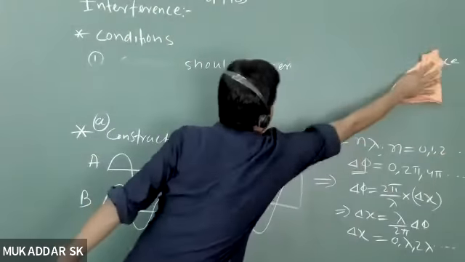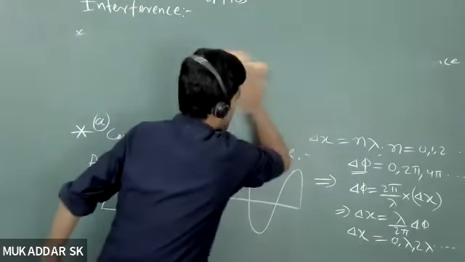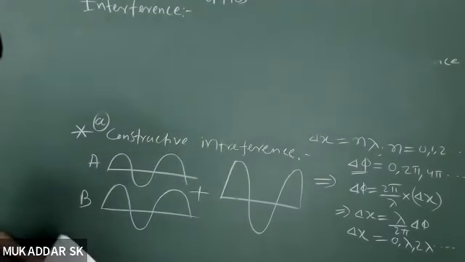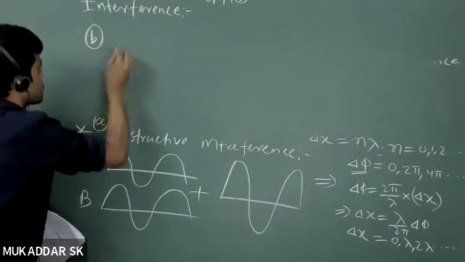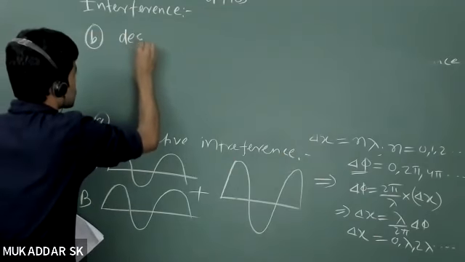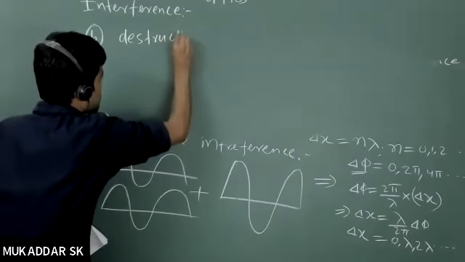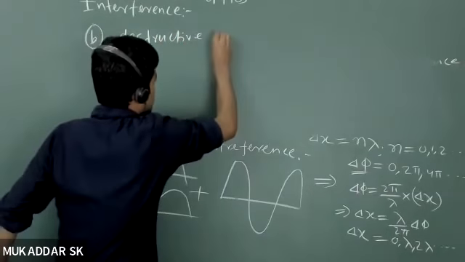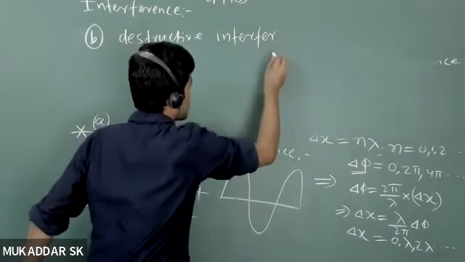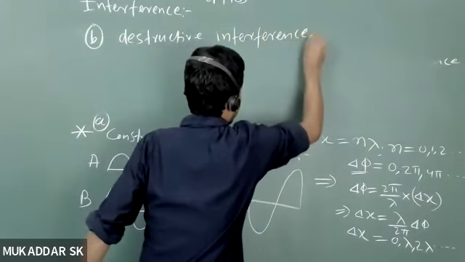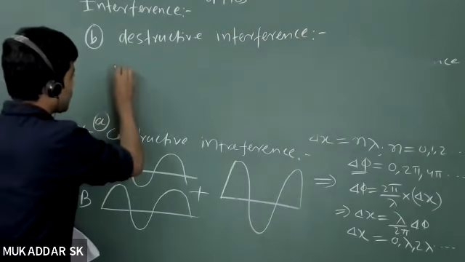Now there is the other part of interference, that is destructive interference, right? Okay. So you again have two waves that are superimposing.